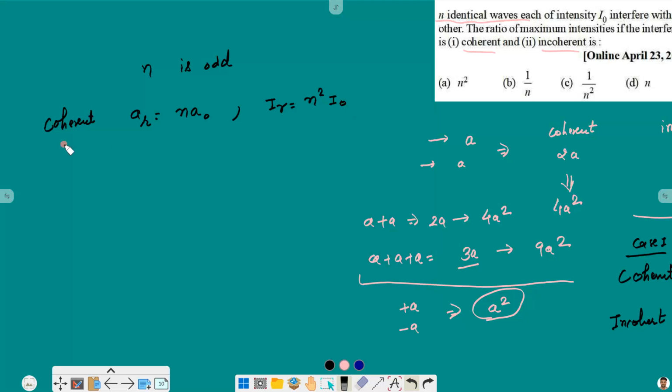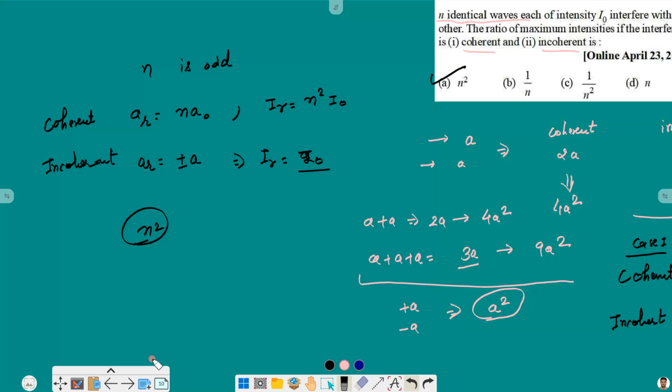For incoherent addition, the resultant amplitude can be plus or minus A, and from that the resultant intensity will be just I node, because it is proportional to A squared. So we can say their ratio will be n square I node by I node, that will be n square, and that is option A for us.